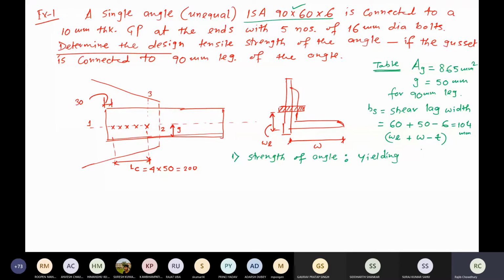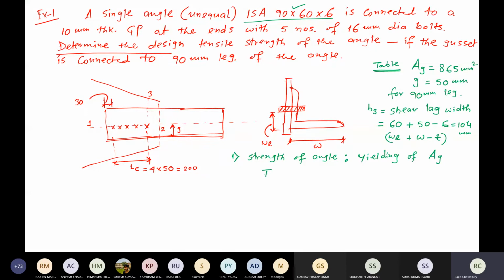We have three different failure scenarios: gross yielding, net section failure, and the block shear failure. Okay, so the gross yielding of AG, I'm writing in short, yielding of the gross cross section. So how much would it be?